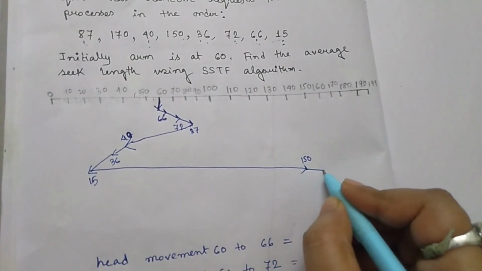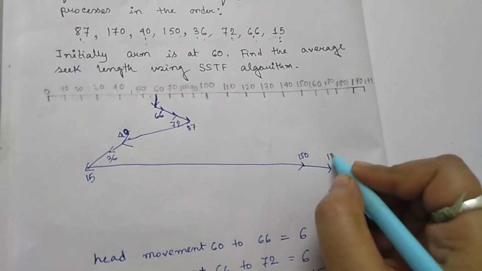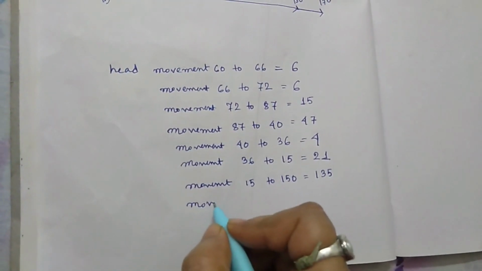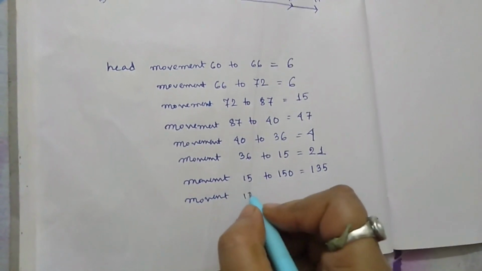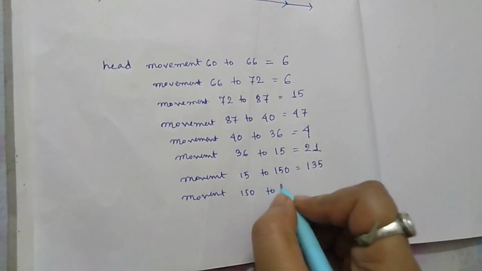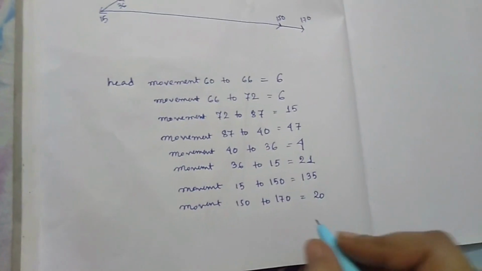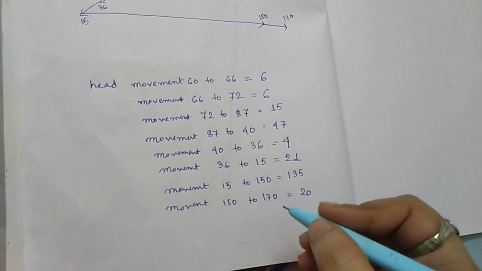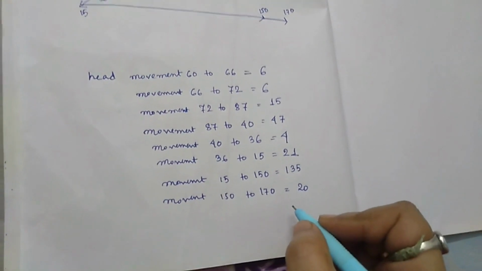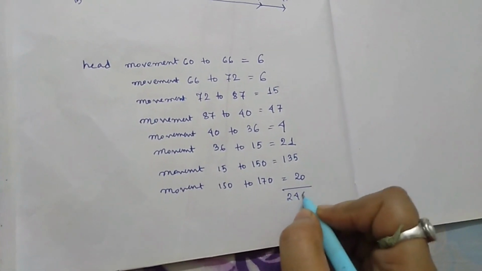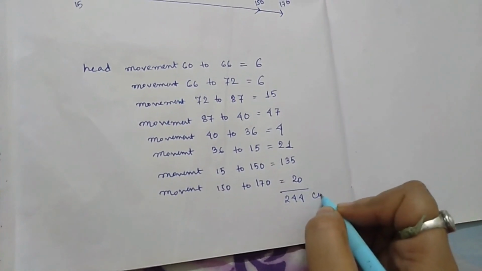Next we draw the movement 150 to 170 and calculate the gap, that is 20. So the total value of head movement is 244 cylinders.